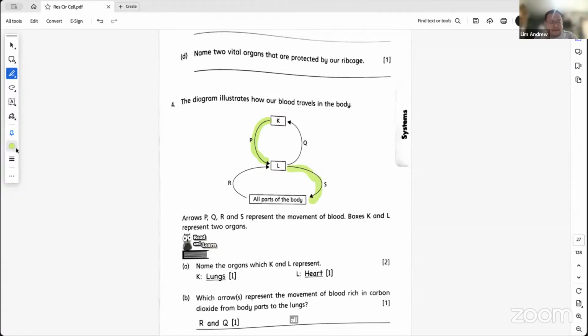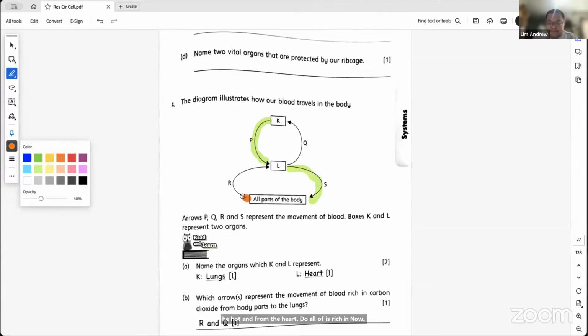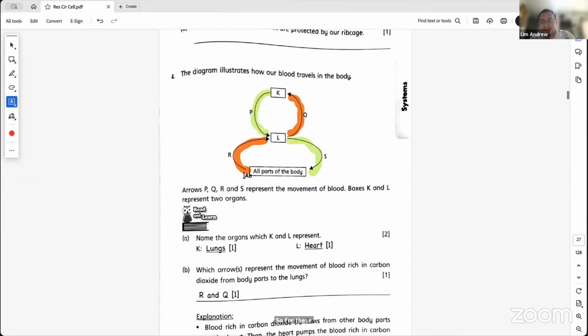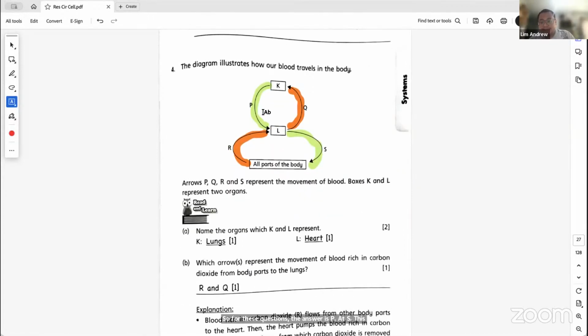Now, after the oxygen is used by all parts of the body, it will become carbon dioxide and waste, which travels from R back to the heart, and from the heart back to the lungs. So for this question, the answer is P and S. This diagram is very standard across all countries' papers.